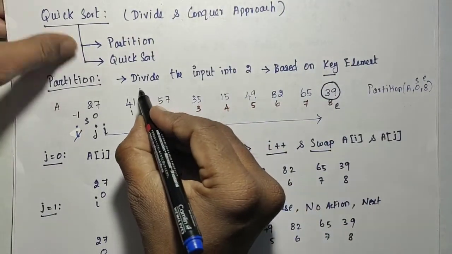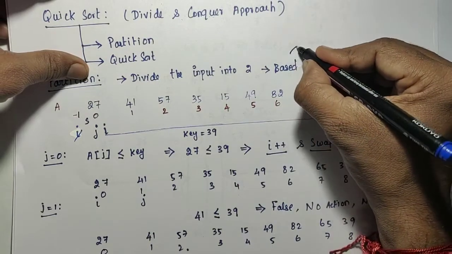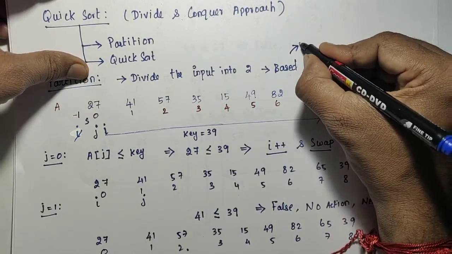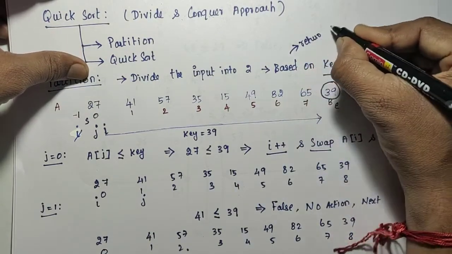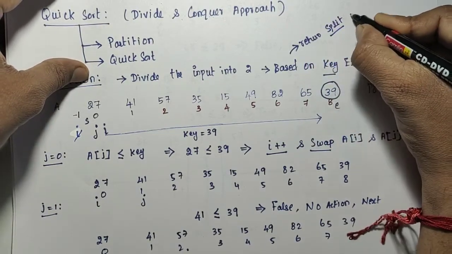The partition algorithm divides the input into two based on the key element, and it will return the split position, where the split occurs.